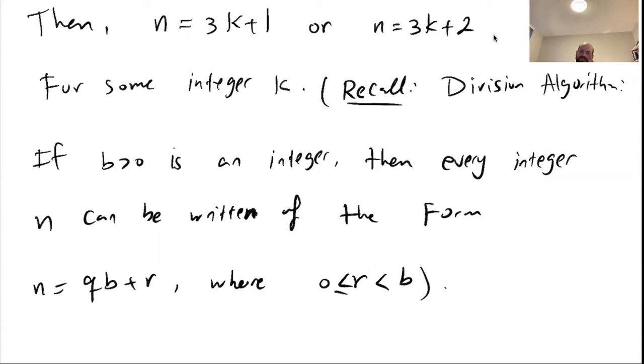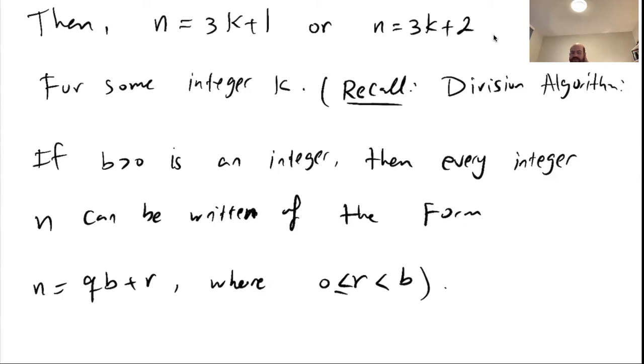So this is called the division algorithm. If b is a positive integer, you can always write n in the form qb plus r. q is called the quotient, r is called the remainder, and the remainder has the feature that it is bigger than or equal to 0 and less than b.